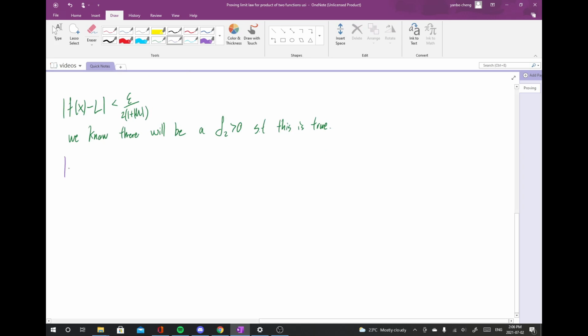And secondly, we want g of x minus m smaller than epsilon over 2 times 1 plus the absolute value of L. And similarly, we know that this will also be true.